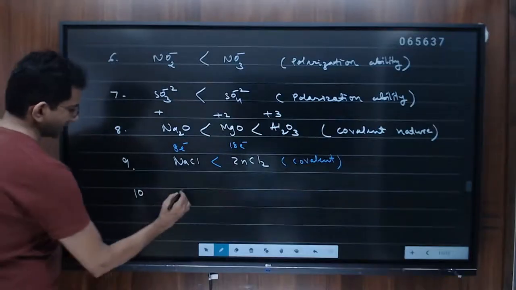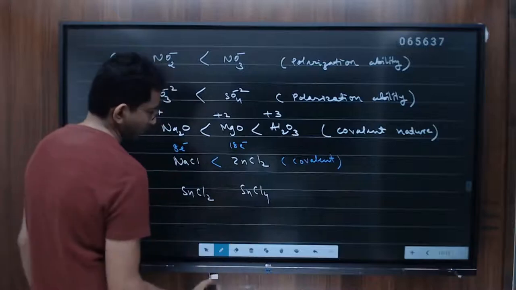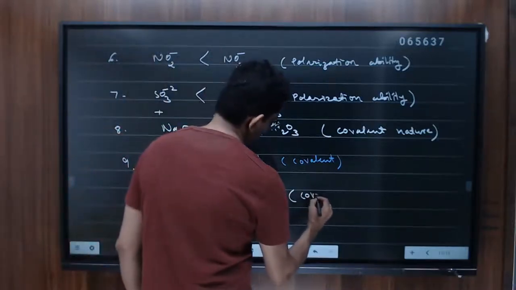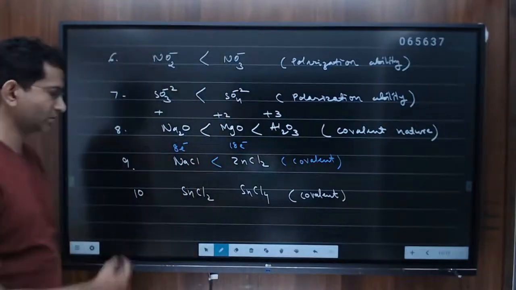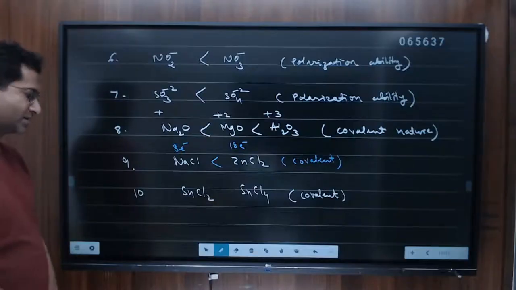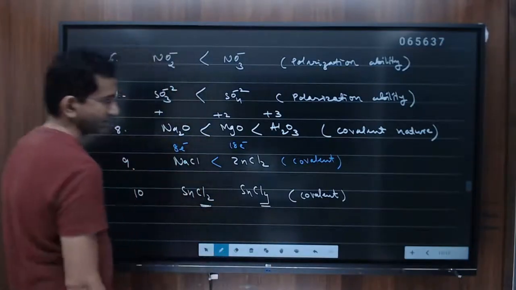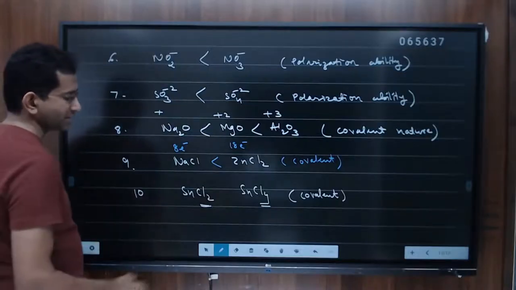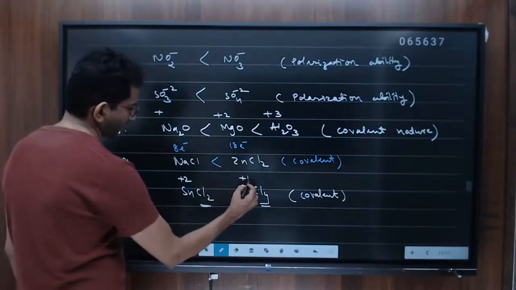Now let me give you one more example. Can you try this SnCl2 and SnCl4? In this you will have to show me covalent character, or it can be asked in terms of melting point also, boiling point also. In these also Cl minus. So this is nothing but Sn plus 2 and this is Sn plus 4.